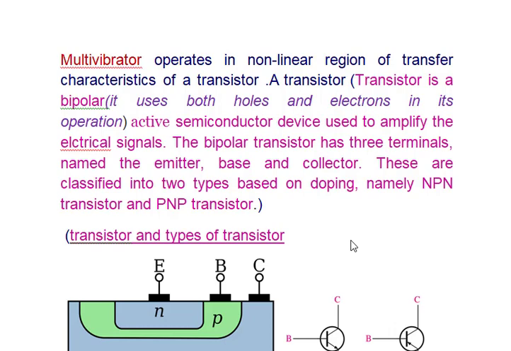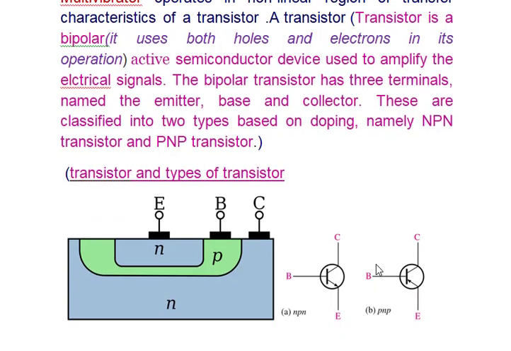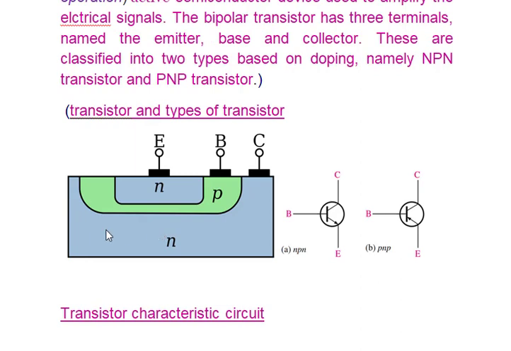The transistor is classified into two types: one is the NPN transistor, another is the PNP transistor. The transistor is made up of semiconductor material. For example, in an NPN transistor, the emitter is an n-type semiconductor material in which electrons are the majority carriers.